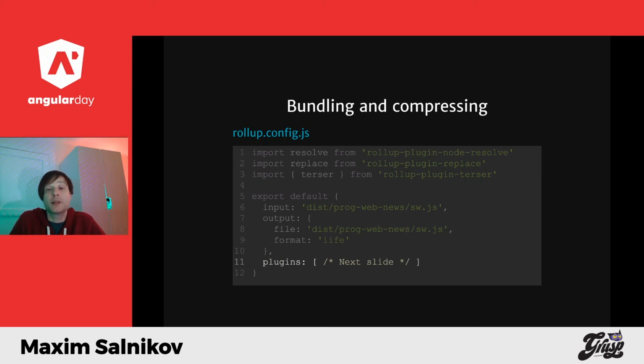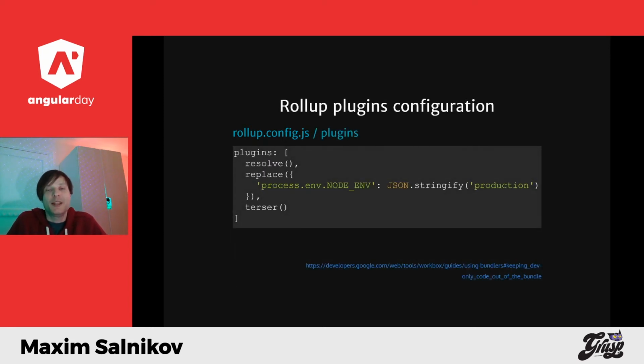Input, output. The devil is in the details, in the plugins. What will we need? We need a resolve plugin to pick proper files, to resolve paths. Then we might need to replace the string process.env.NODE_ENV in the Workbox source code to understand which mode we use now, production or development.